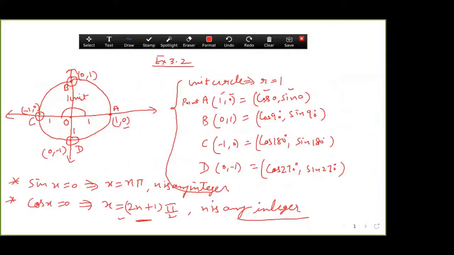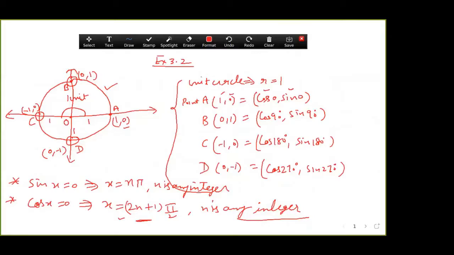You can see in the NCERT on pages 58 and 59 how the values of cos x and sin x move from quadrant to quadrant. In the first quadrant, the value of cos x is decreasing from 1 to 0. And in the case of sine, it is going from 0 to 1, increasing.